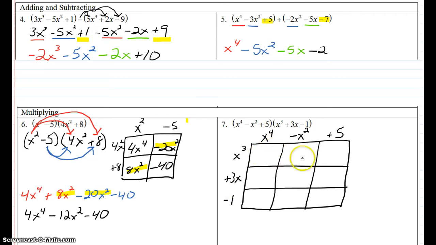And so now we're going to fill each box by multiplying the two terms. So x cubed times x to the 4th gives us x to the 7th. We're just adding the exponents. X cubed times a minus x squared gives us a negative x to the 5th. And then x cubed times 5 gives us 5x cubed.